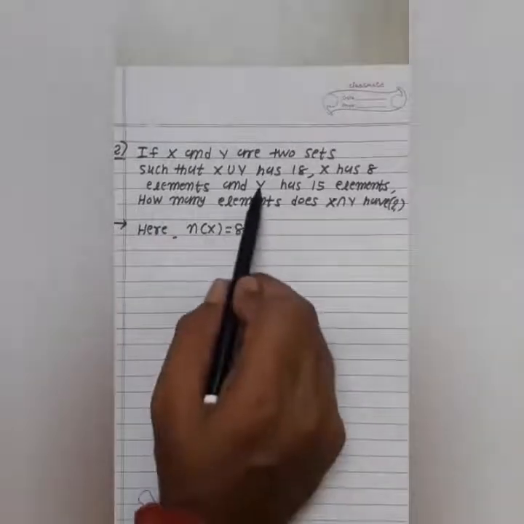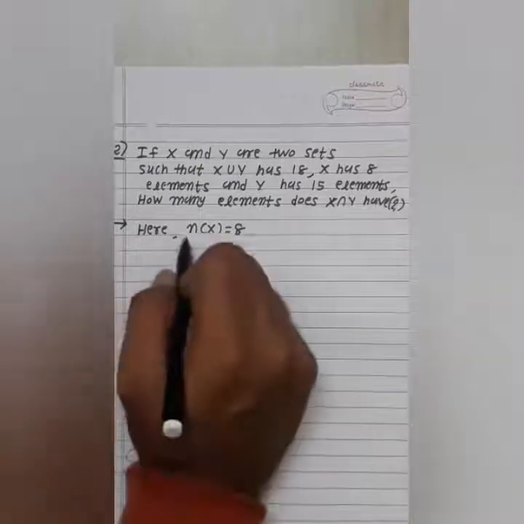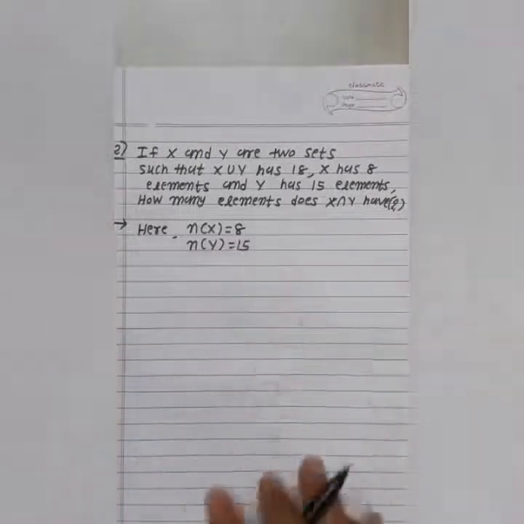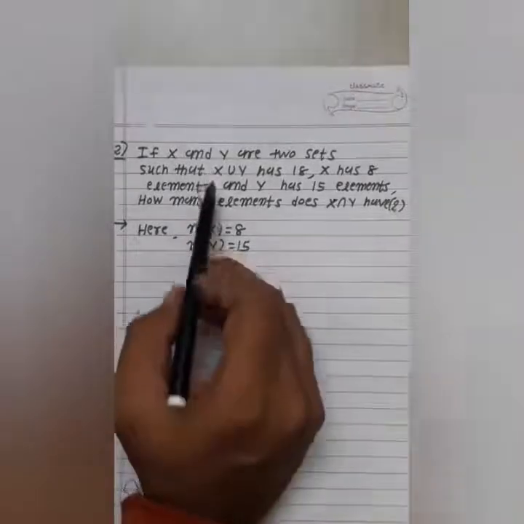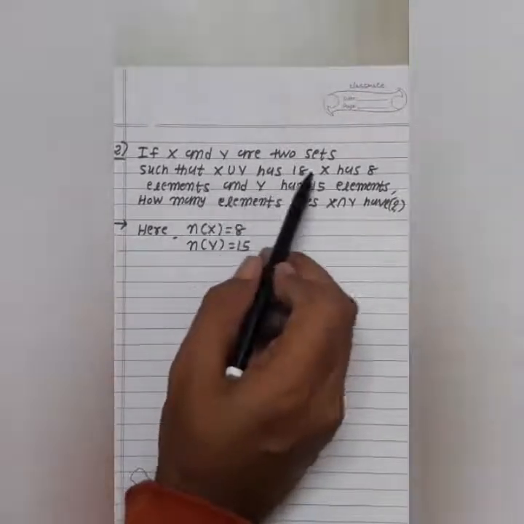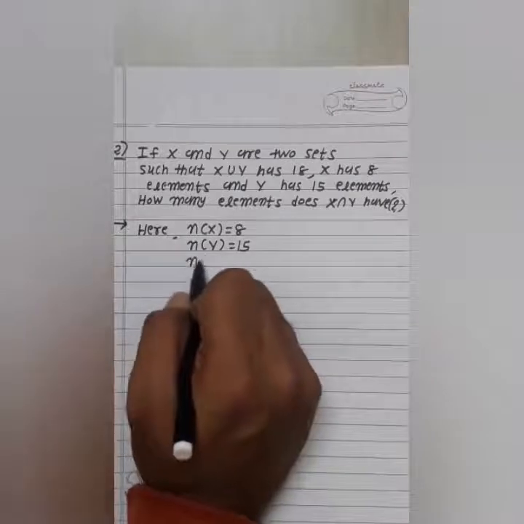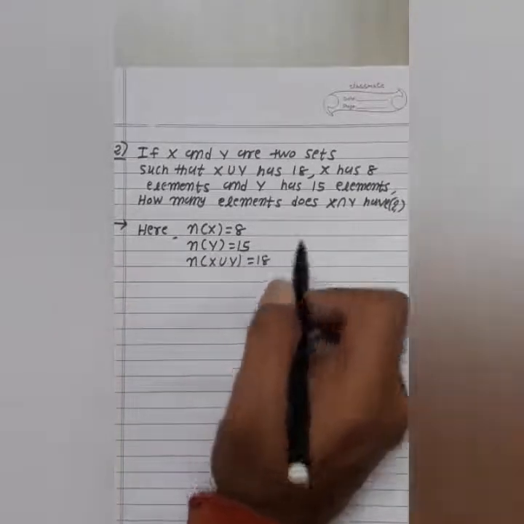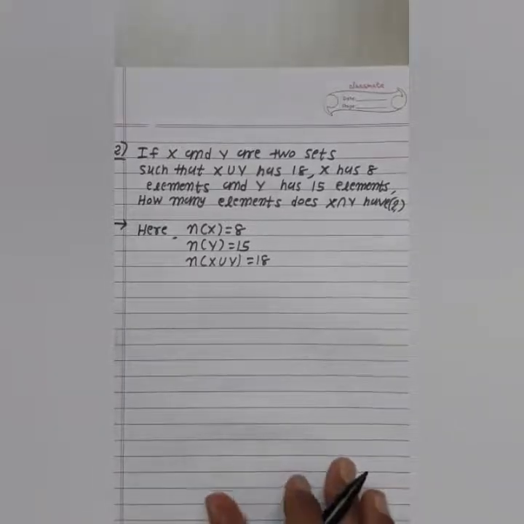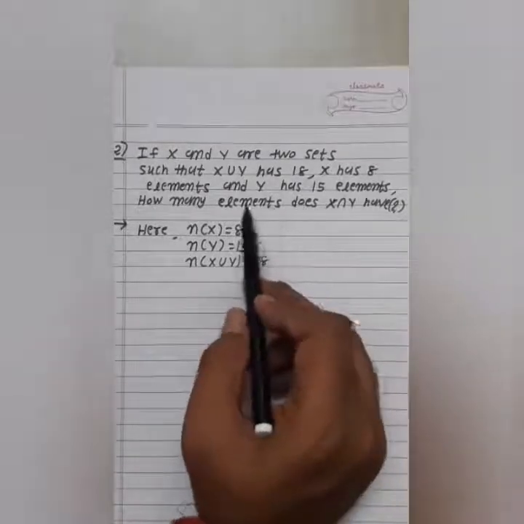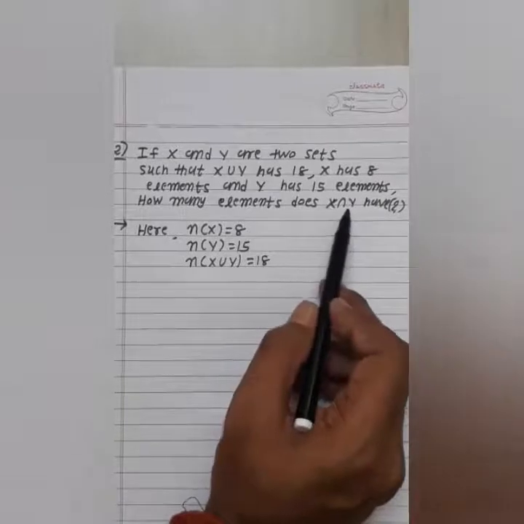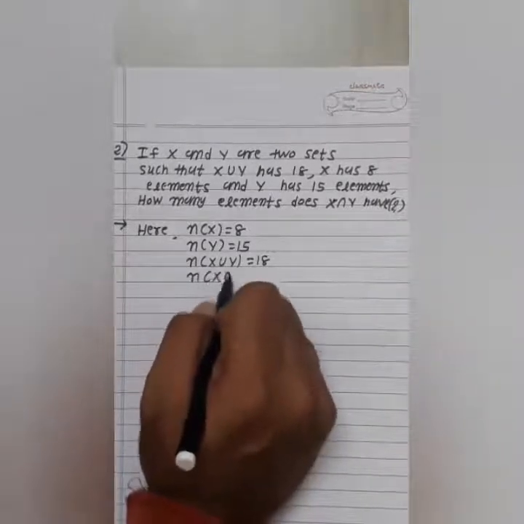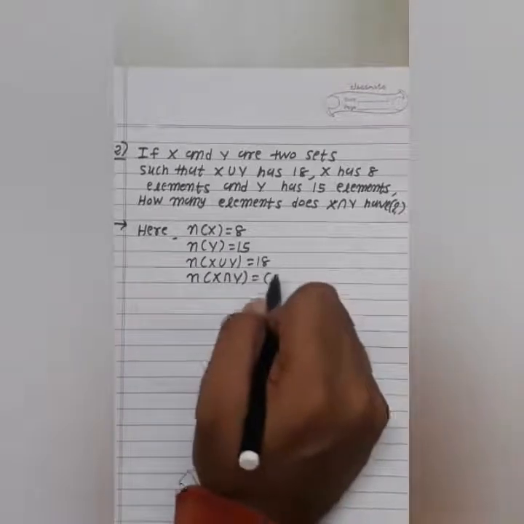Second, y has 15 elements, so n of y is equal to 15, and x union y has 18 elements, so n of x union y is equal to 18. Now our question is to find how many elements x intersection y has, so find n of x intersection y.